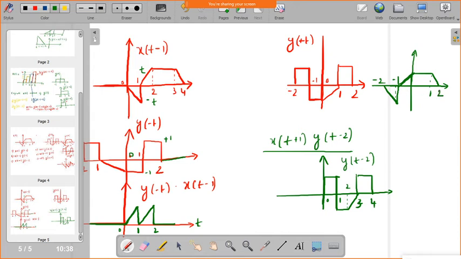Okay. So this is x of t plus 1. Did you get it? Any doubt? So shift the signal by 1 unit to the left side. So now you have to multiply these two signals. Okay. So what is the resultant?